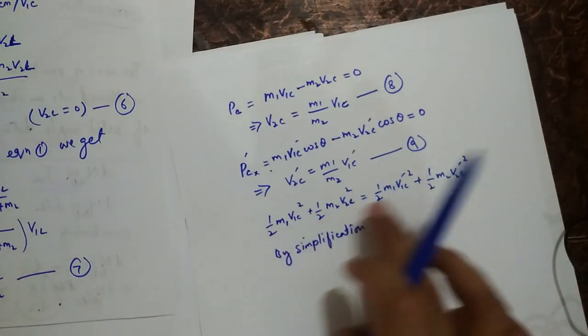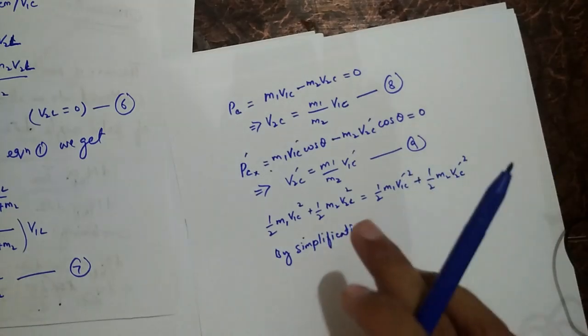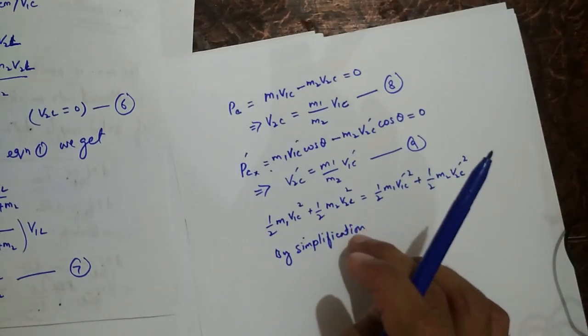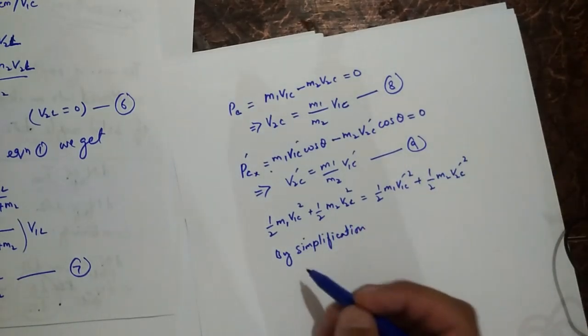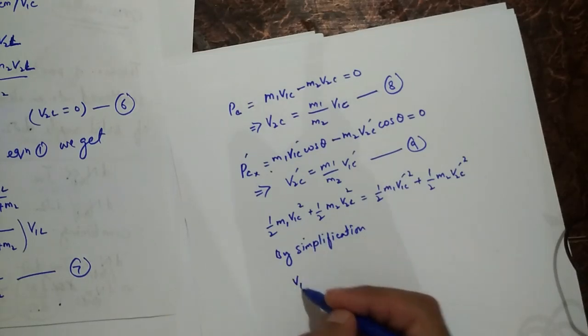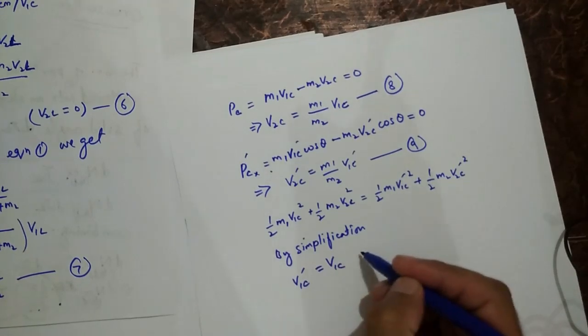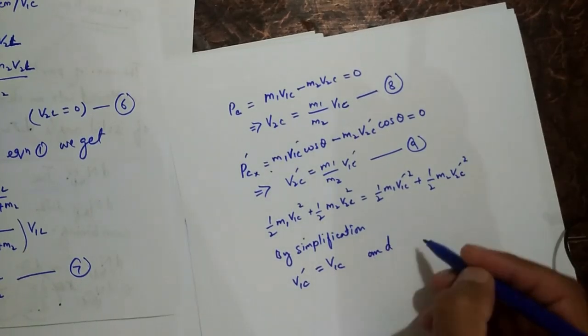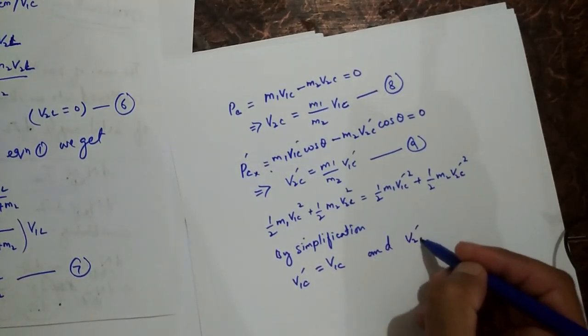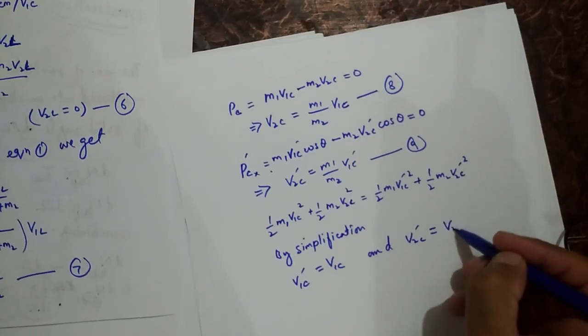Similarly m1 will cancel with m1, and similarly m2 will cancel with m2. So after simplification, v1 dash c is equal to v1c, and similarly v2 dash c is equal to v2c.